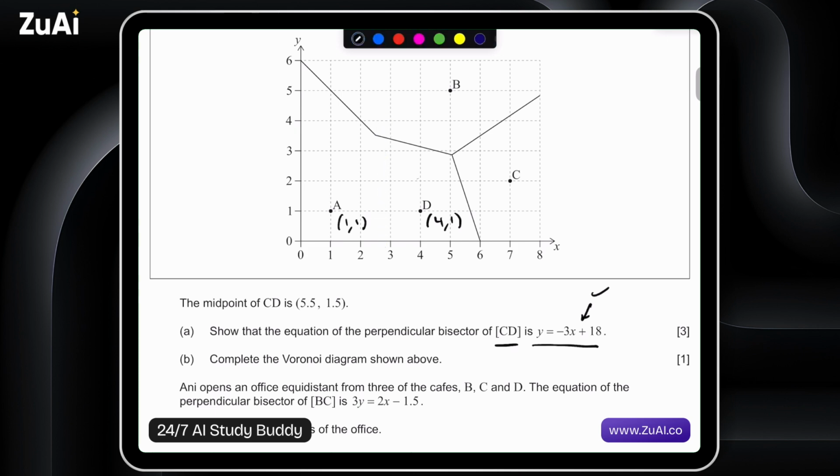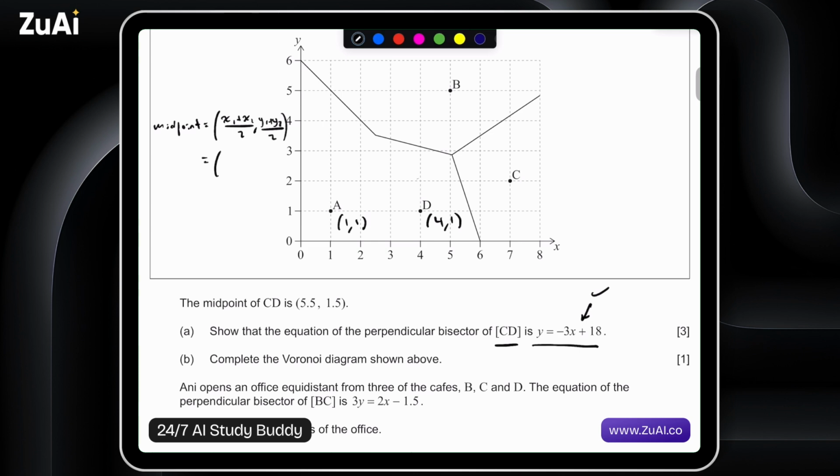So we can find the midpoint, and the midpoint formula is just given by this. Midpoint is equal to x1 plus x2 over 2, and then y1 plus y2 over 2.